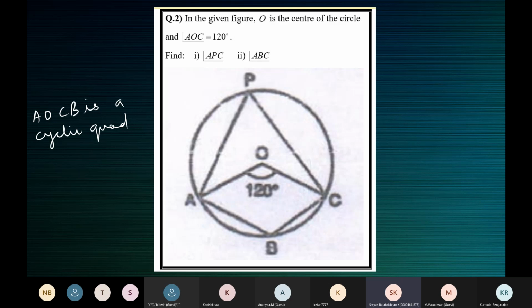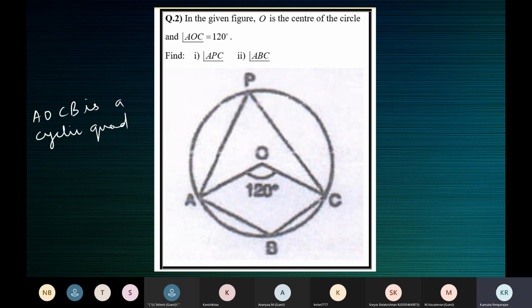The point O does not fall on the circle. AOCB is a quadrilateral, but it's not a cyclic quadrilateral because of the four vertices, only three vertices A, B, and C lie on the circle. The fourth one, O, is the center of the circle. So AOCB is not a cyclic quadrilateral because all four vertices do not fall on the circle.